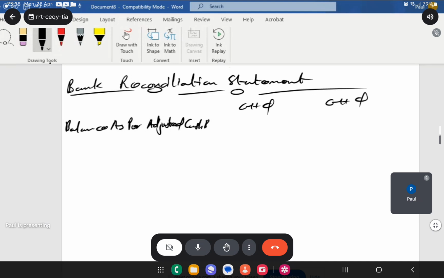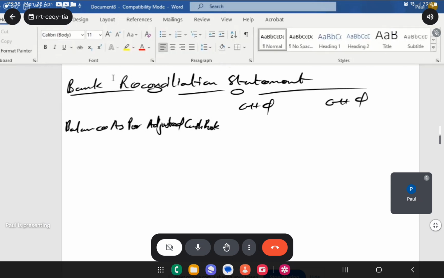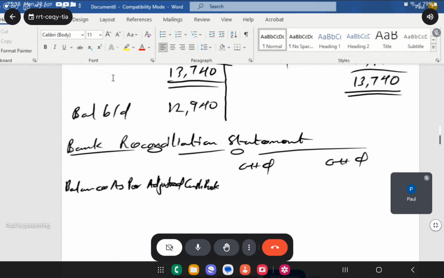Do you know the amount? The amount is 12,940. Good. So that 12,940 will come. Then you add unpresented checks.